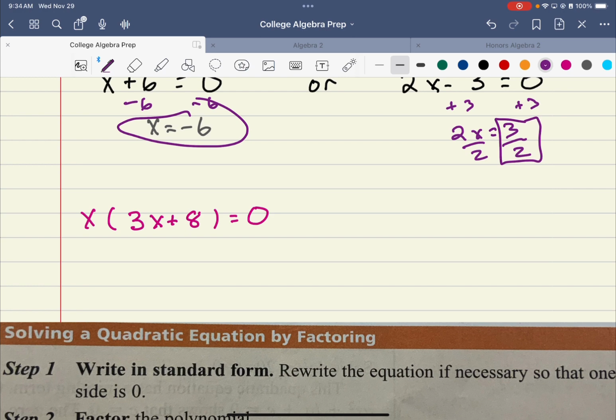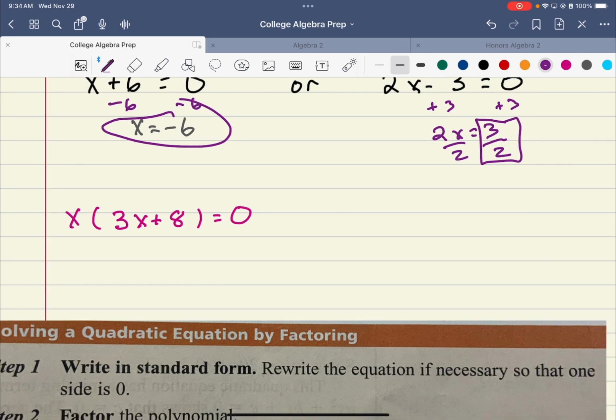So it's saying we're taking x times this quantity. This one tends to be a little bit confusing for people with the zero product property, but it doesn't need to be. The zero product property says that either x is equal to 0, so I set the front part equal to 0, or the second part, 3x plus 8, is equal to 0.